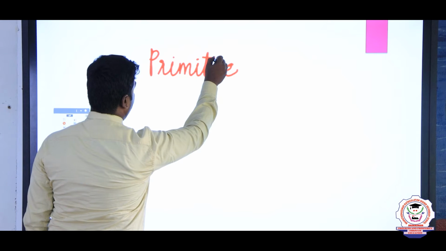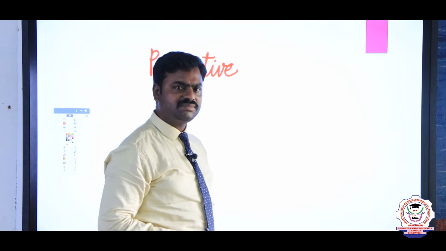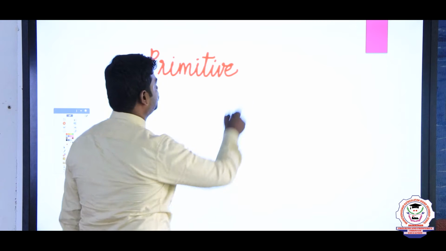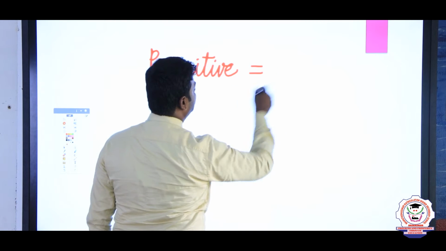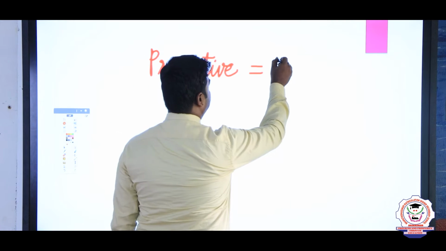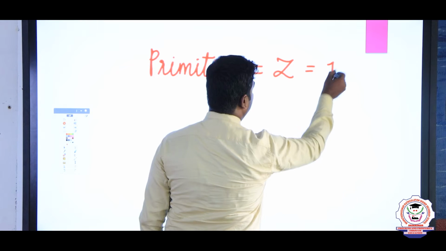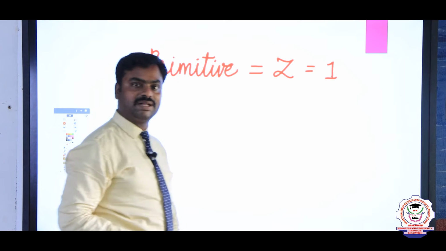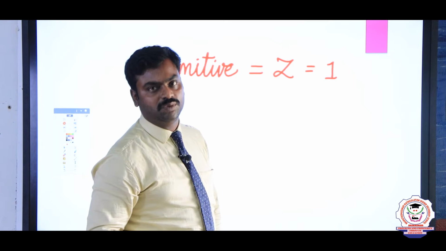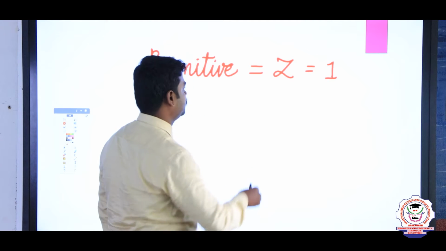In primitive, the number of atoms per unit cell is only 1. The number of atoms per unit cell has been denoted as Z. So, the Z value is equal to 1. If the Z value is equal to 1, the octahedral voids are always equal to Z. So, the number of octahedral voids is 1.